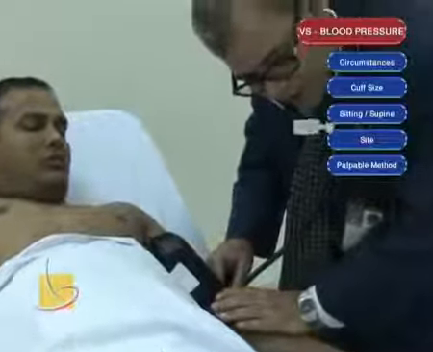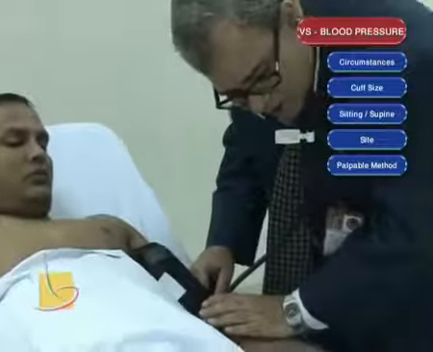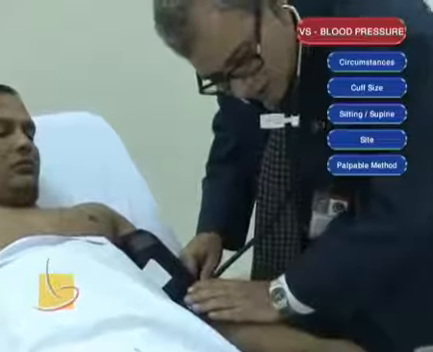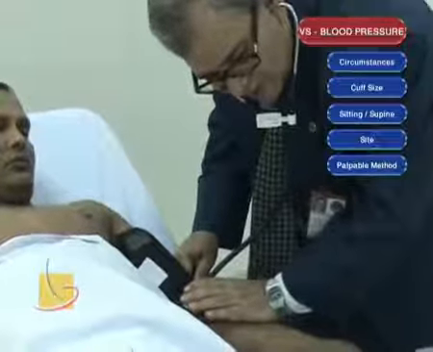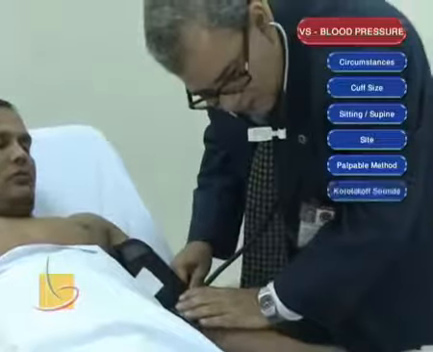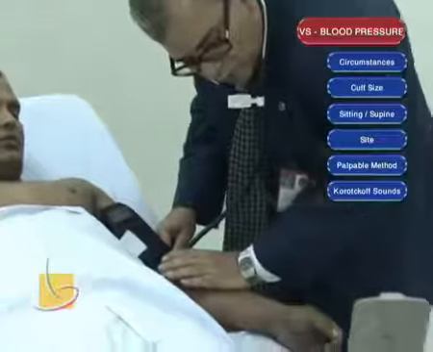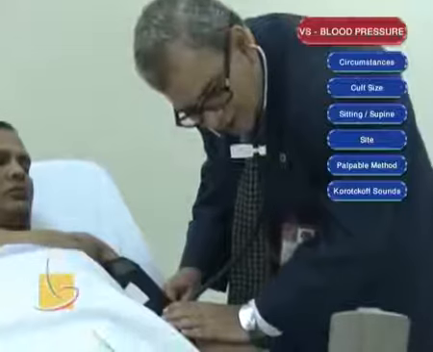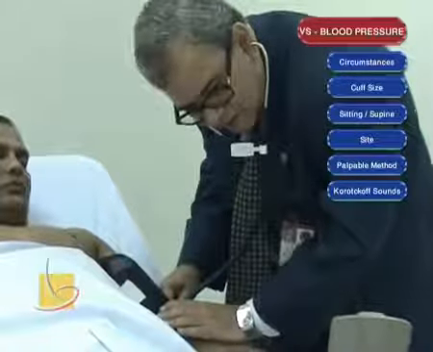And I elevate 20 to 30 millimeters of mercury above the level of disappearance. Then I start deflating. The first appearance of the brachial artery sounds, we call it the first Korotkoff sound, and it is here, 102 exactly.